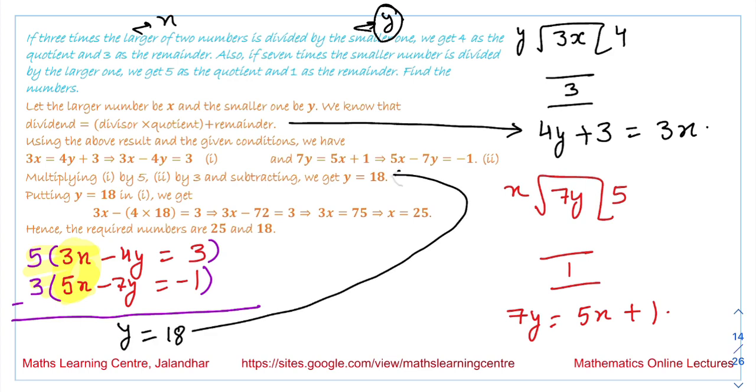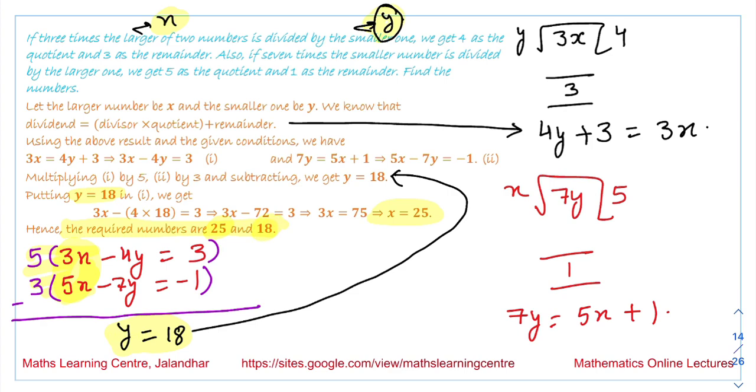On solving this, you will get y is equal to 18. Now if we substitute y is equal to 18 in equation number 1, we will get the value of x as 25. So the required numbers are 25 and 18. The numbers we are talking about are x and y. We have obtained the values of x and y, so these are the required numbers.